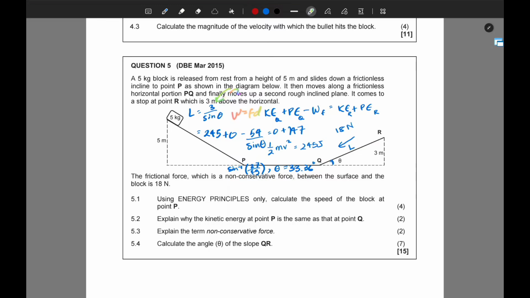The force is given as 18 newtons. So that's -54 over sine theta. Then after that we can simplify for sine theta, and it'll be the inverse of that. So arc sine 27 over 49 will give us 33.36, which is the angle for the slope QR.